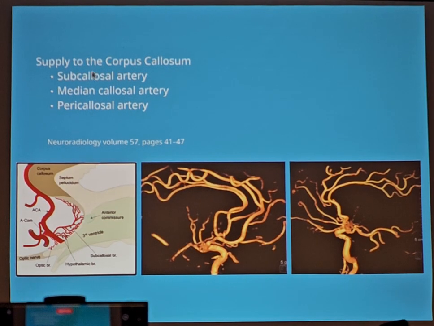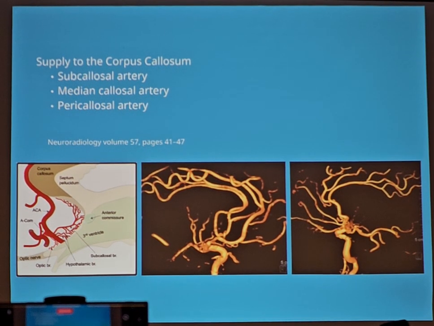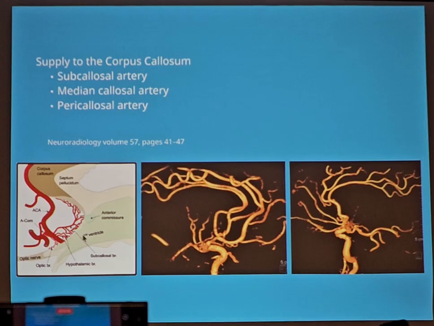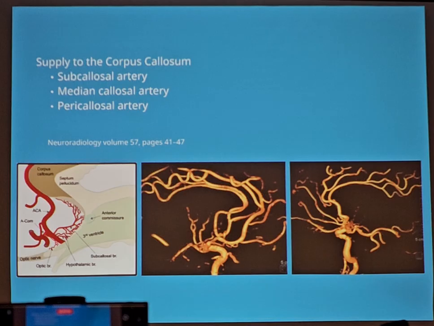And then we've spoken about the possibilities for supply to the corpus callosum, and these are the three possibilities. The subcallosal artery, this one here, is going to supply mostly the anterior third ventricle and the anterior commissure, with a little bit of supply at the bottom of the corpus callosum.